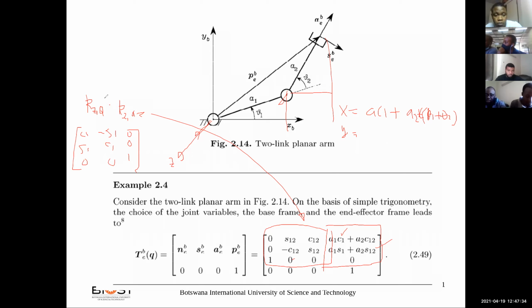And then the next, you copy the same thing. So cosine of theta 2, minus sine of theta 2, sine of theta 2, cosine of theta 2, then 0, 0, 1. You multiply them together, check if you'll get this.